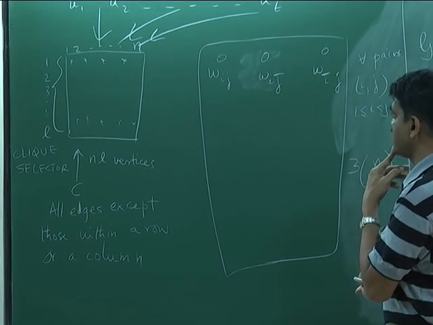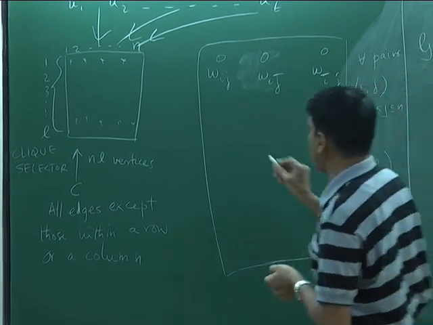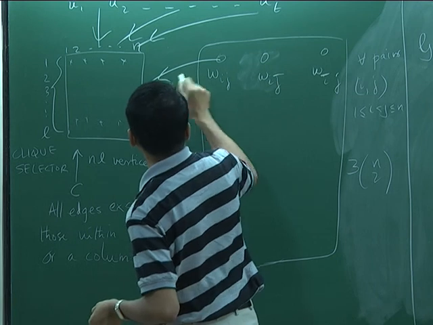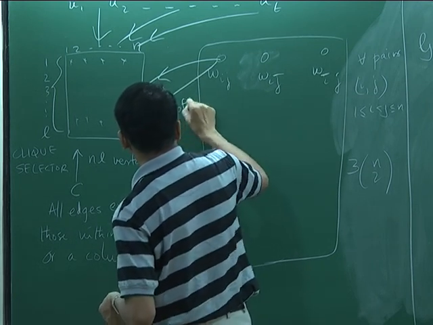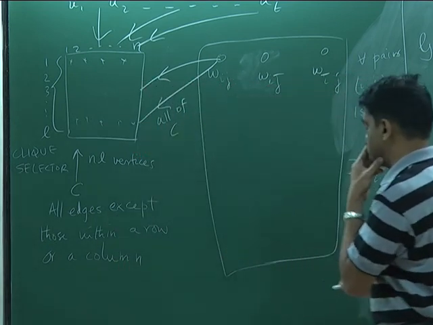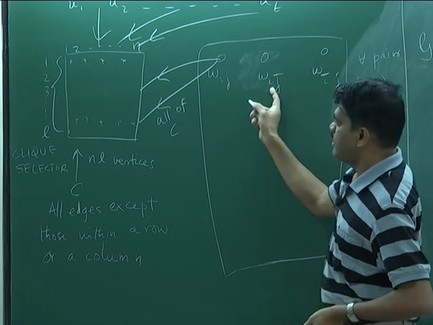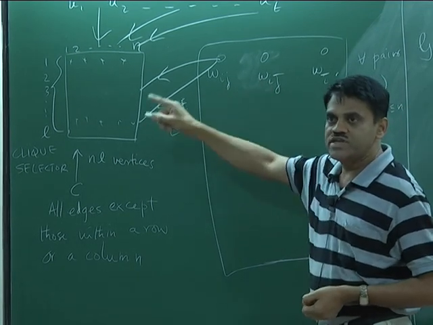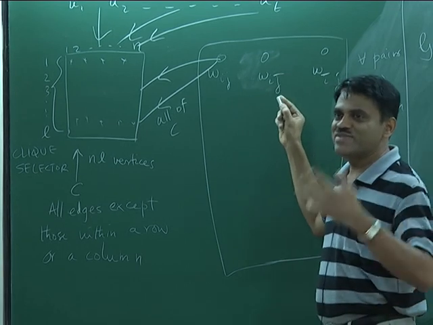Now, I have to define adjacencies between Ui's and Wij's. These Wij's are adjacent to all of these guys. Wij bar is adjacent to all of this except j bar. So, except jth column.